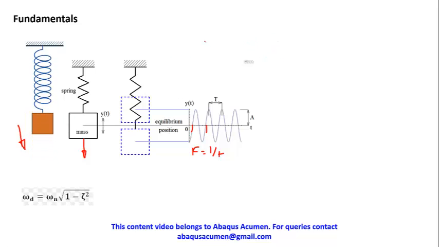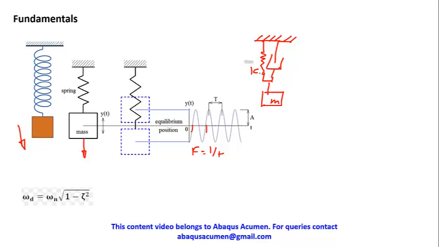Now let's quickly, without going into much detail about fundamentals, first understand what a spring mass system is. You have a spring, you have a damper, and that is connected to a mass. So you have mass, you have damper, you have damping coefficient. We'll just write Newton's law of motion.